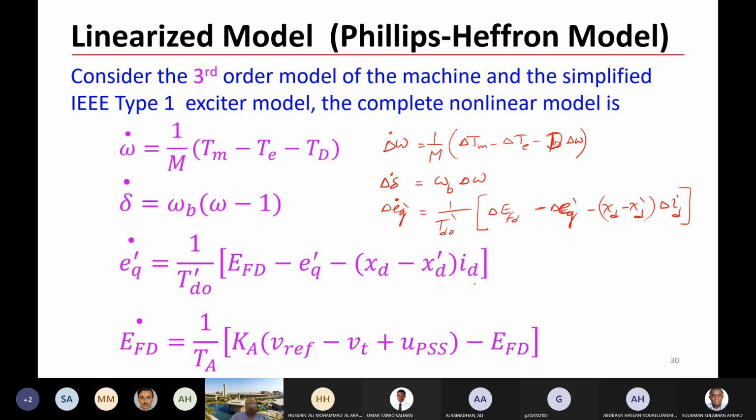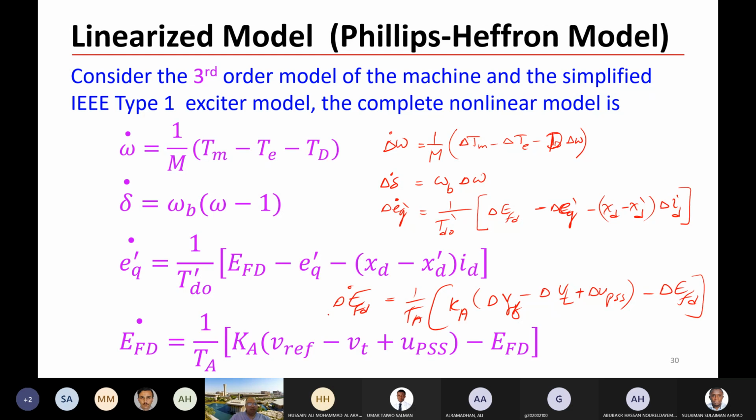And you have this one, delta EFD dot equals 1 over TA multiplied by KA times delta V reference minus delta VT plus delta UPSS minus delta EFD. So this is the linearization.